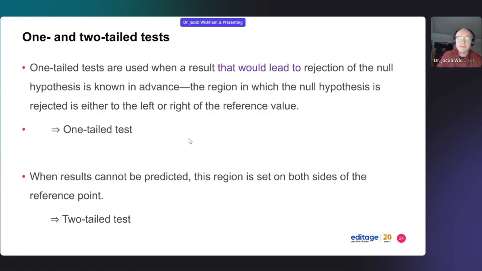So if you know in advance if one population is bigger than the other population with their values, you can do a one-tailed test. But if you cannot predict the results between two populations, this confidence interval region is set on both sides of the reference point. This is a two-tailed test.